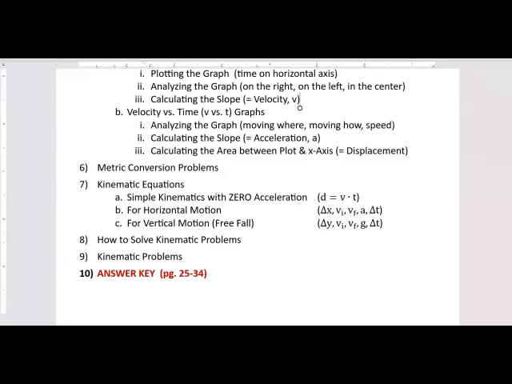In the case of vertical motion, these are problems where the acceleration is strictly due to gravity, also known as the g, lowercase g, meaning the acceleration due to gravity. We'll talk about a strategy for how to solve kinematic problems, and then we'll actually be doing these kinematic problems. And then there's an answer key that you can always refer to at the end of this.